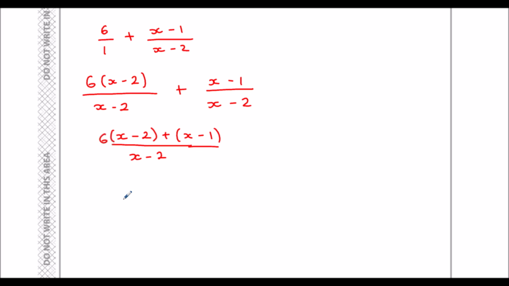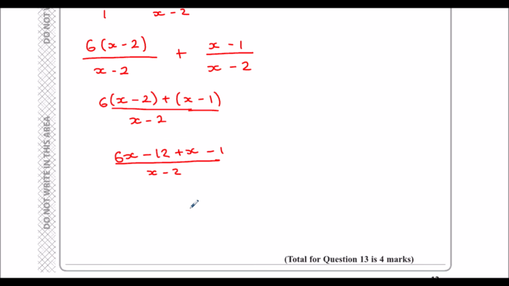So we've got 6 times x, which is 6x. 6 times negative 2, which is negative 12. And we've got a 1 times x, which is x. And a 1 times negative 1, which is negative 1. So what's left? We've got 6x and x, so 7x.